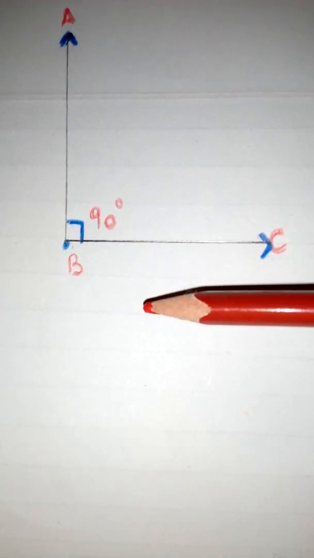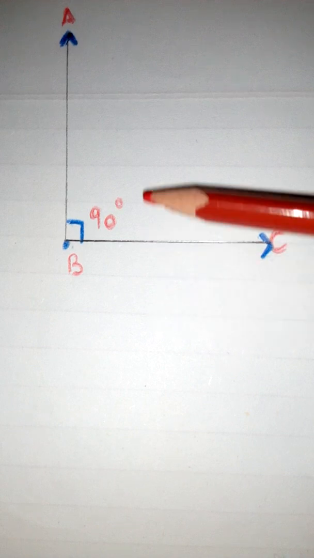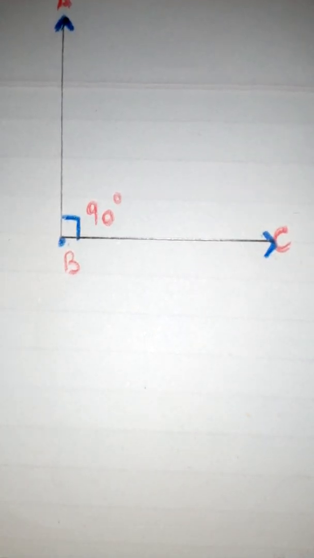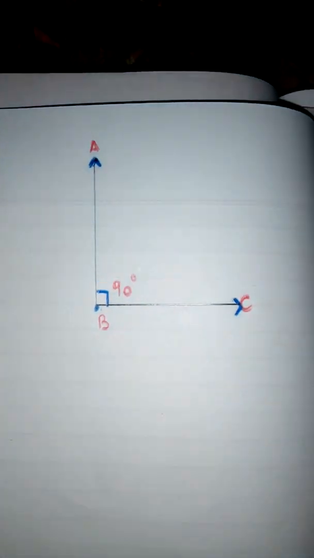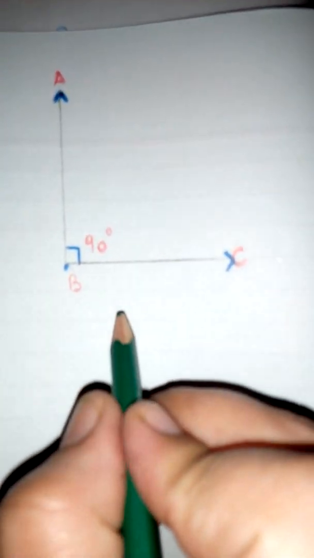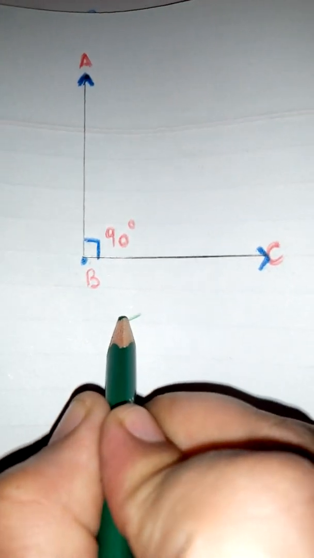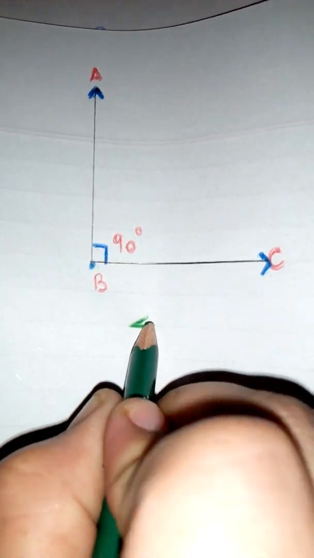So how you are going to write under the angle, the proper phrasing of representing this angle, is you are going to make the symbol. I'm choosing the next color. I'm going to draw the symbol for an angle.